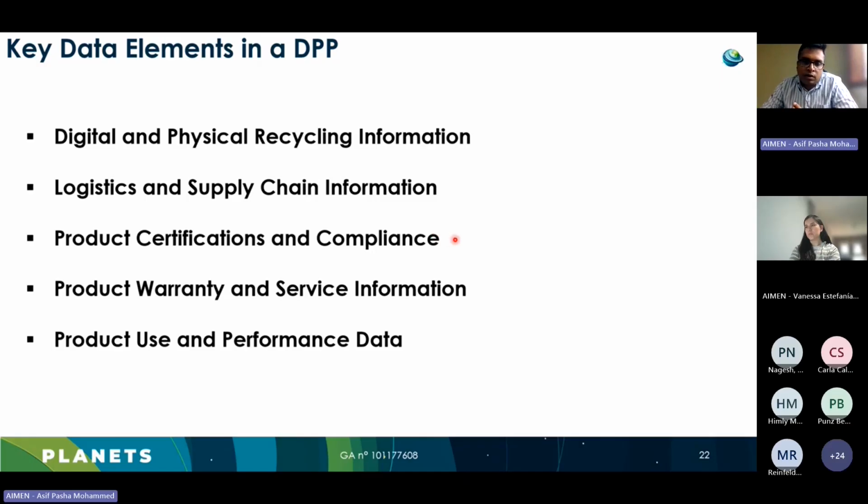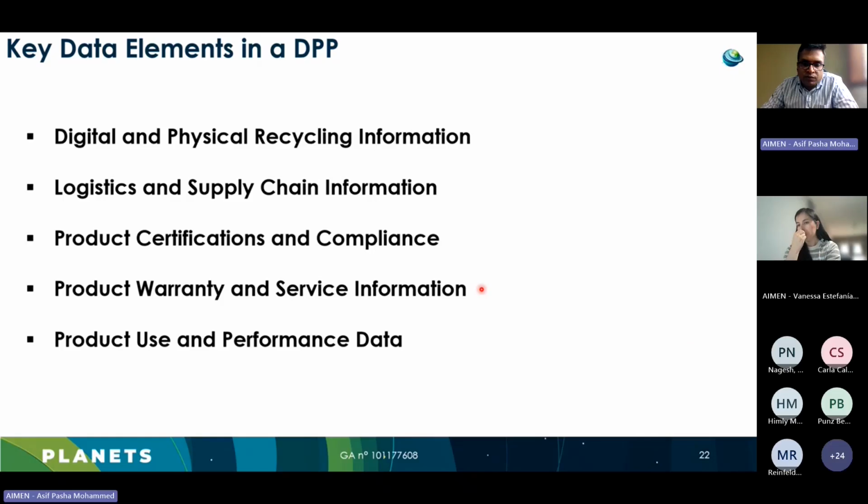If they are certified, they also need to provide this information, and this should be publicly available to everyone that accesses the DPP. Compliance with regulation, yes, information on the product's compliance with various EU regulations, mainly the ESPR, and this would include all the information that should be aligned with the ESPR regulation.